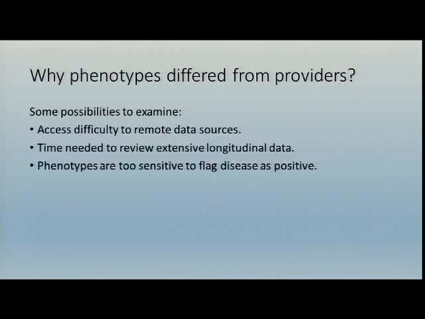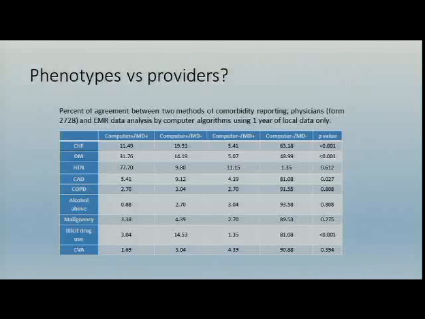So there's the time question. There's the scope of access, local versus more remote systems. And then even if those two are the same, are the phenotypes just capturing more, or triggered so easily, whereas the physician may have more specific logic to his way of interpreting the data that is not represented by the phenotypes? All possibilities; there might be more, but those are the ones we tried to address.